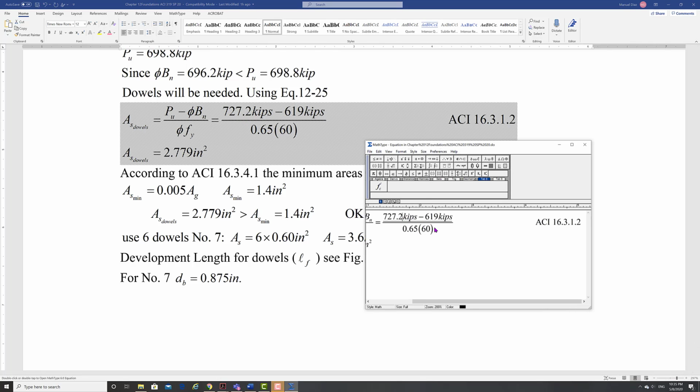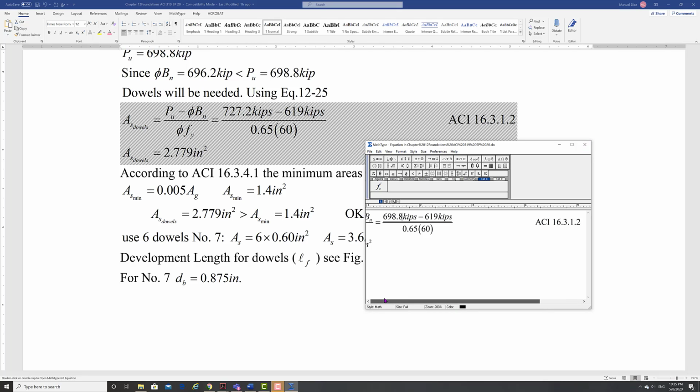So this value is now 698.8. Okay, so minus 619. So that would be that divided by 0.65 and by 60, 205.